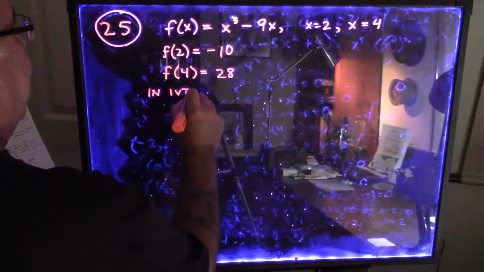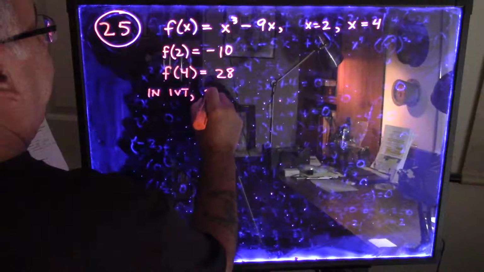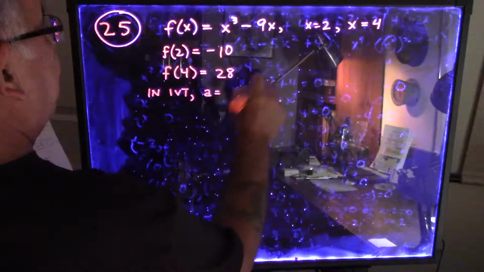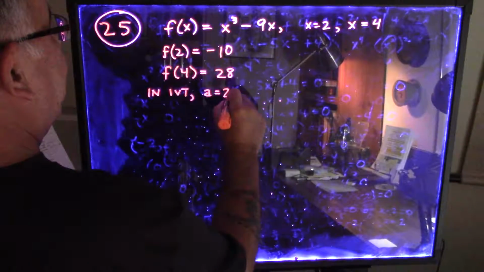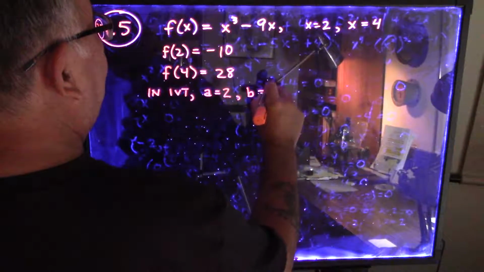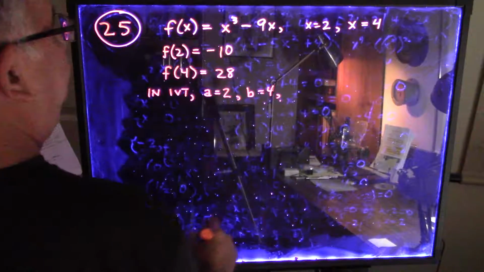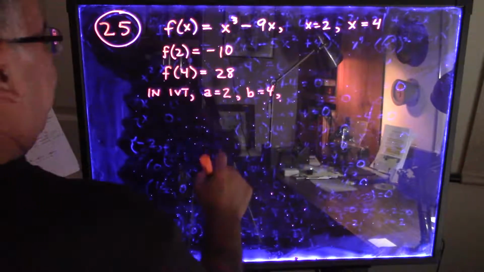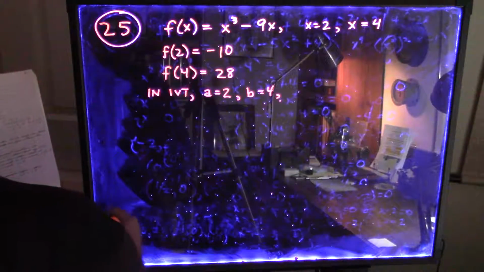In the IVT, a is equal to 2 in this example, and b equals 4. I'm referring to the a and b that are mentioned in the theorem.